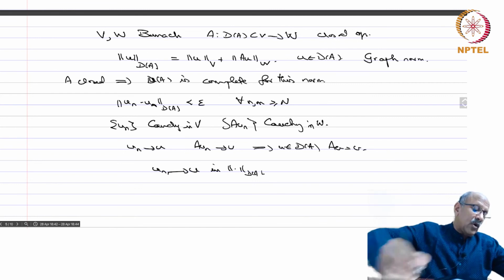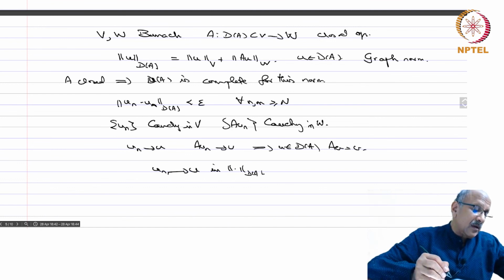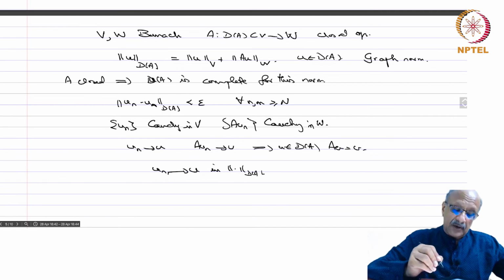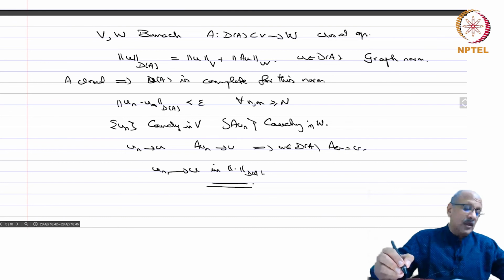Whenever we want to consider D of A as an independent Banach space for a closed operator, we will assume that it is given with this norm.